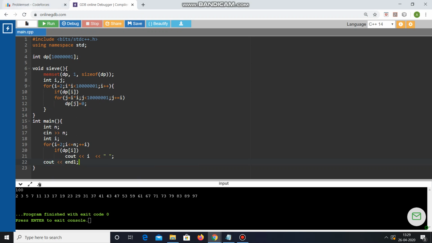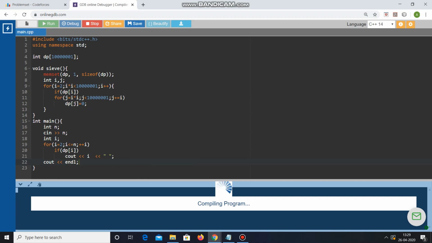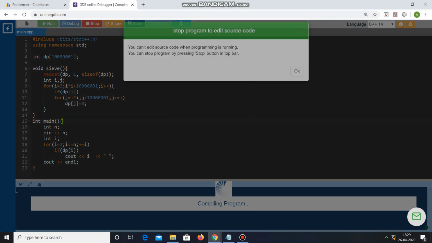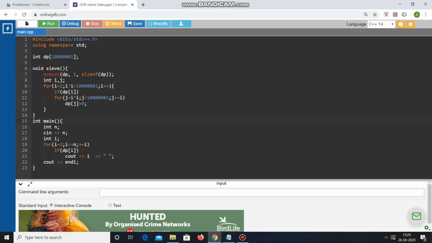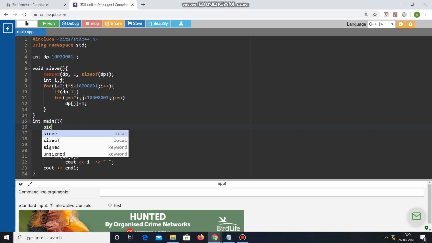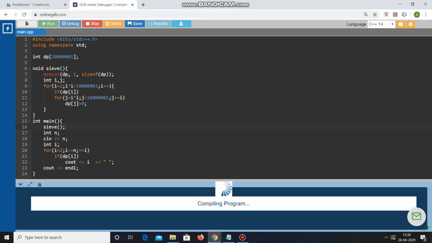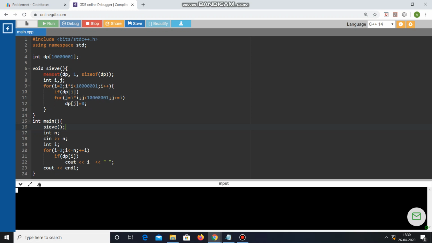Alright, so I think this will work. Actually, this won't work because we haven't called the sieve function. So initially the answer will be 0. We call the sieve function, so it will calculate all the prime numbers till 100. See, we got all the prime numbers.